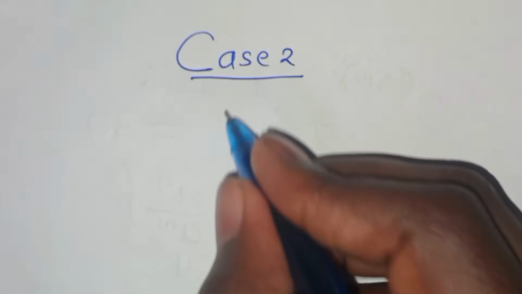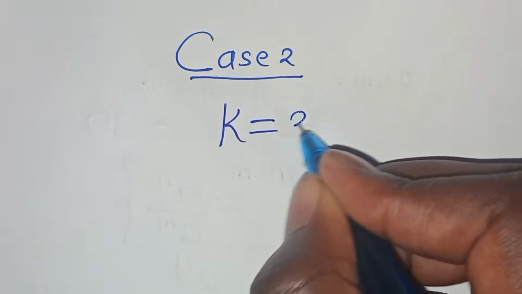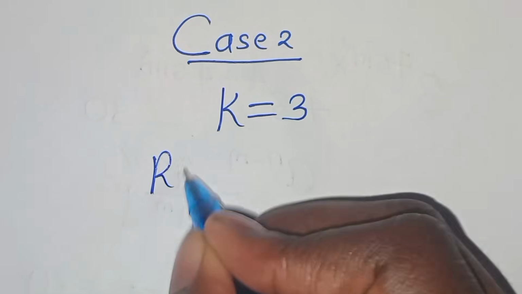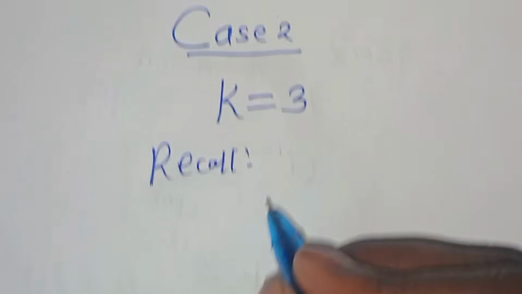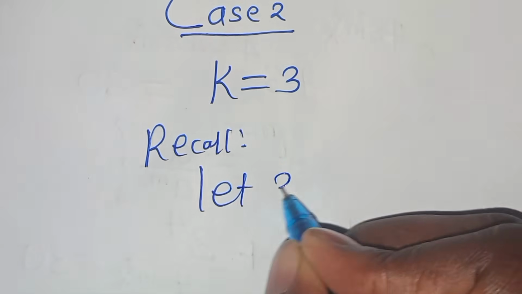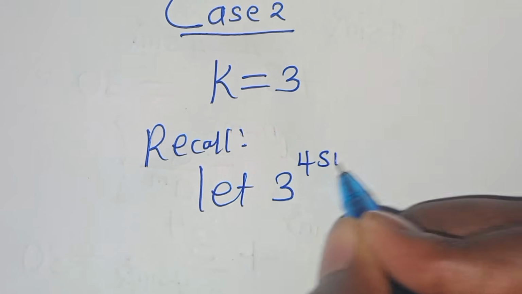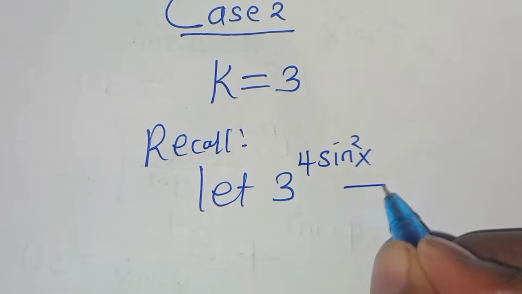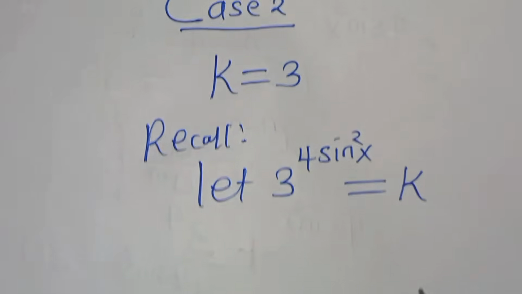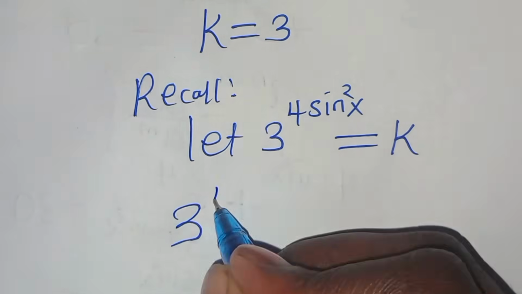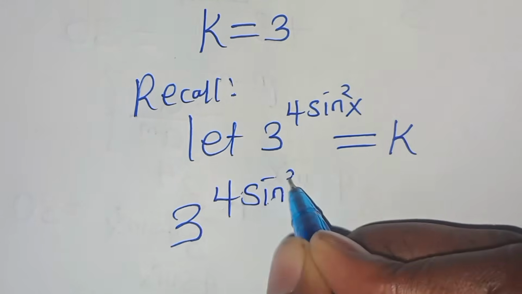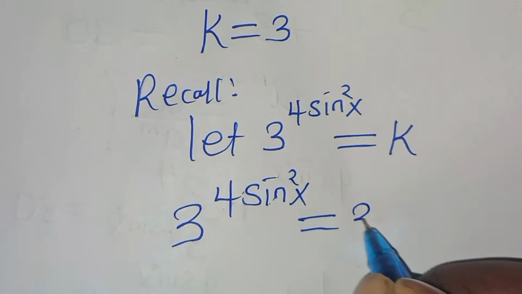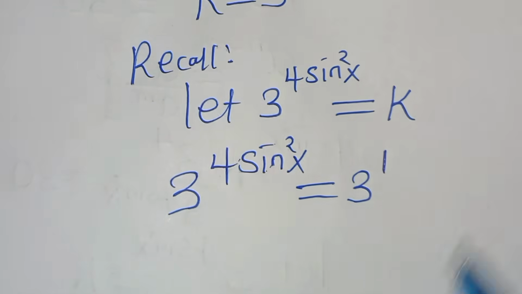In case 2 here, we have that k is equal to 3. And if you recall, we said that we let 3 to the power of 4 sine squared x be equal to k. So we have 3 raised to the power of 4 sine squared x equal to 3, and 3 is raised to the power of 1.